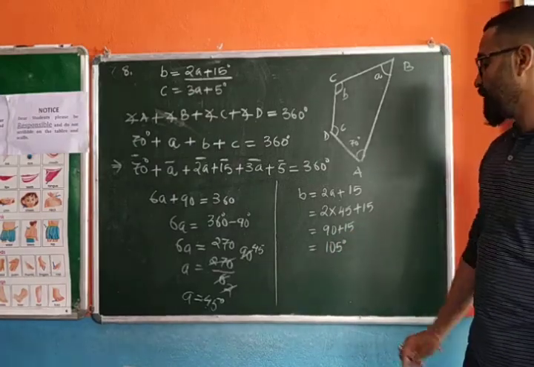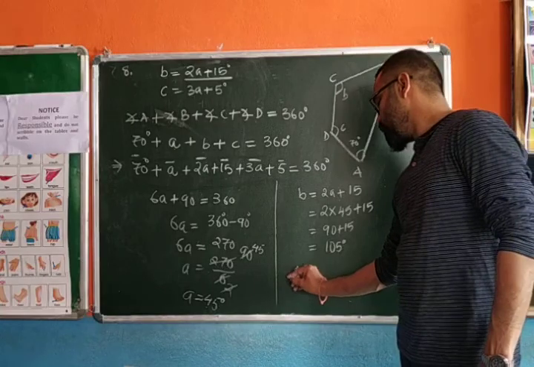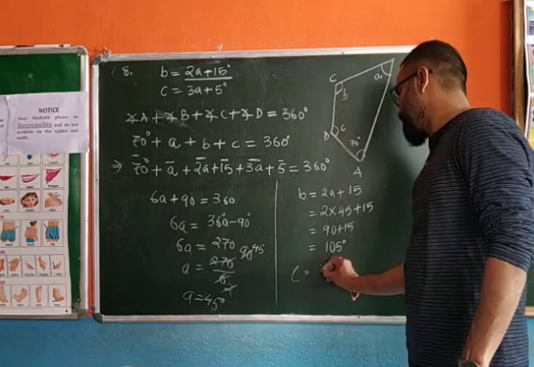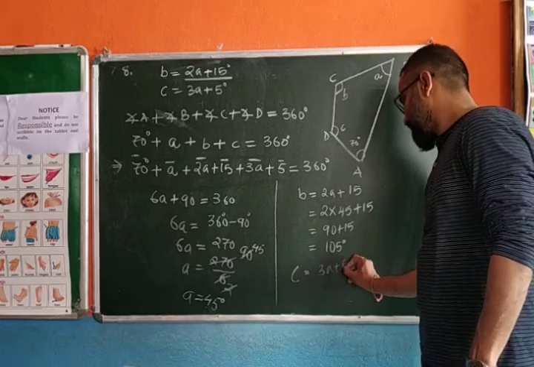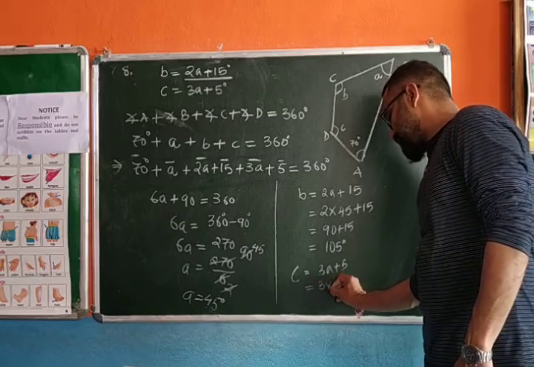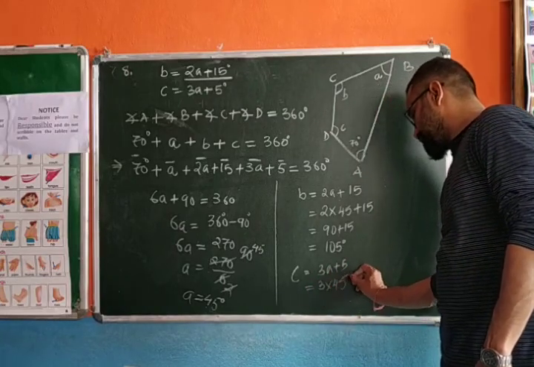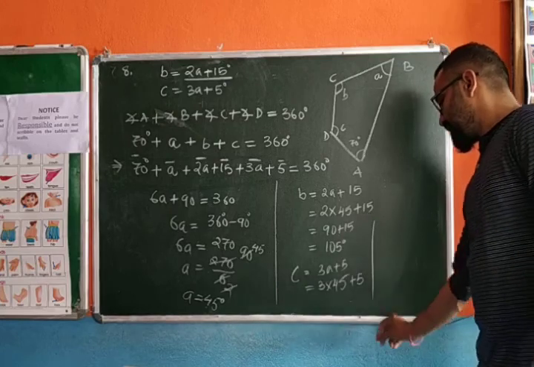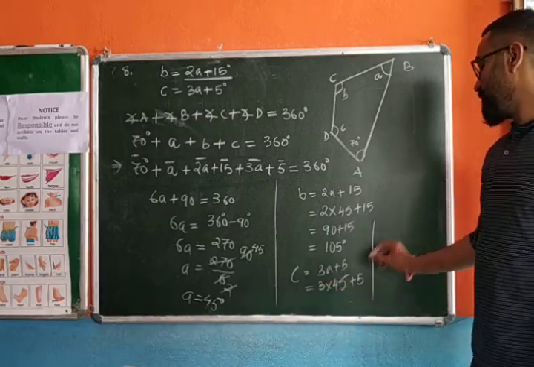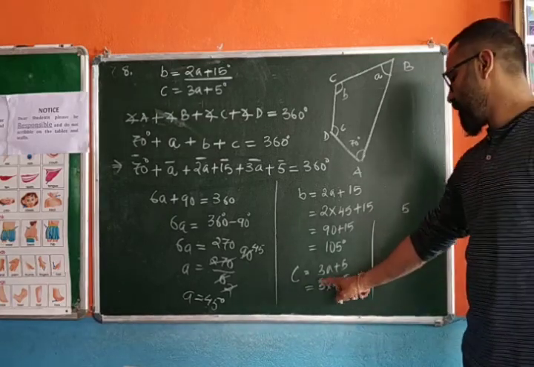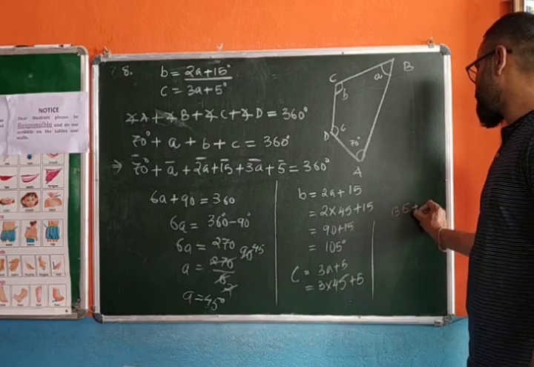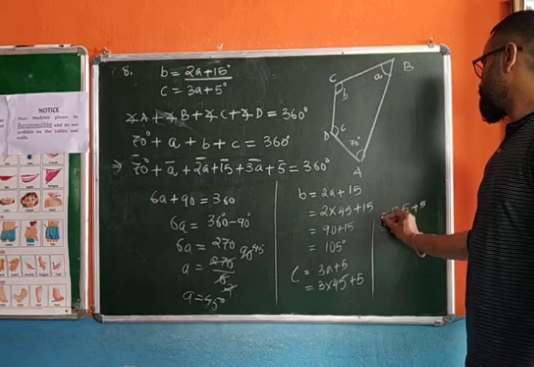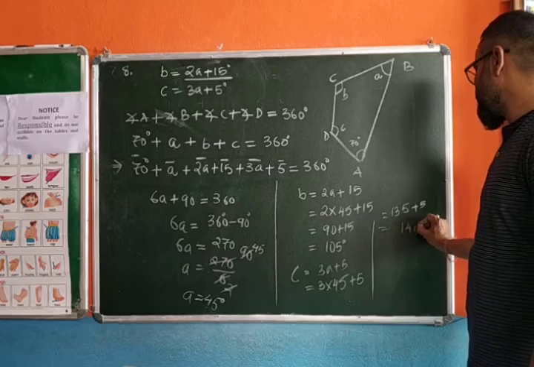Similarly, we can calculate C. The value of C is equal to 3A plus 5: 3 multiplied by 45 plus 5. 45 into 3 is 135, plus 5, which is equal to 140 degrees.